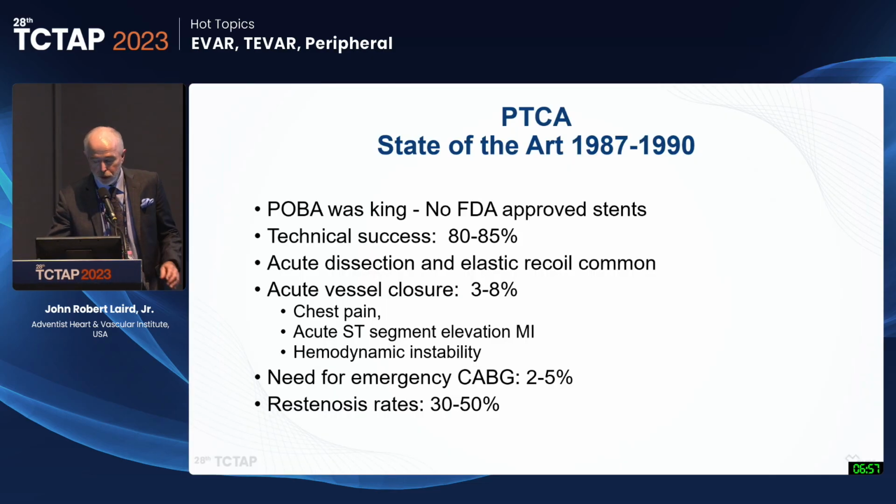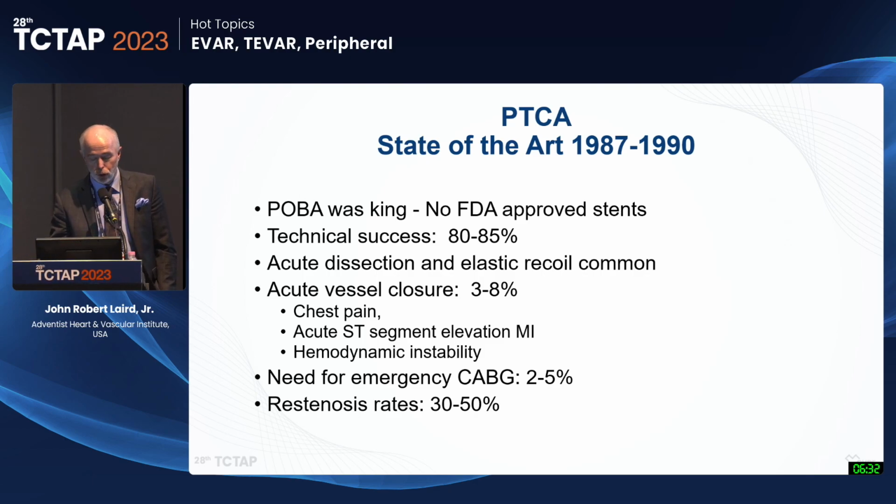During my cardiology fellowship from 1987 to 1990, it's hard even to think about it, but there was only balloon angioplasty. There were no FDA-approved stents or other devices. We did not have dual antiplatelet therapy at that time. Our technical success rates were only 80 to 85% with balloon angioplasty. There were problems with acute dissection and elastic recoil.